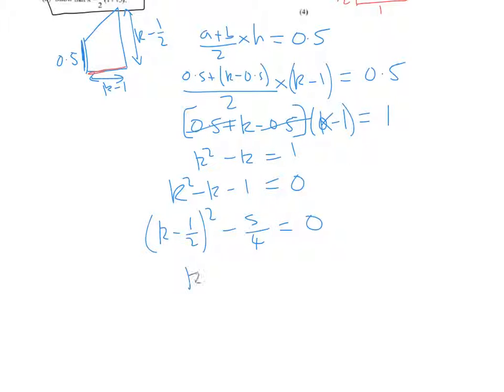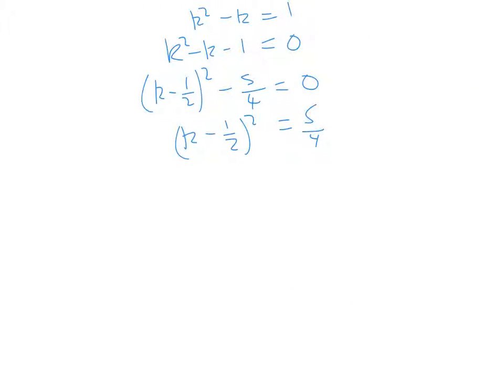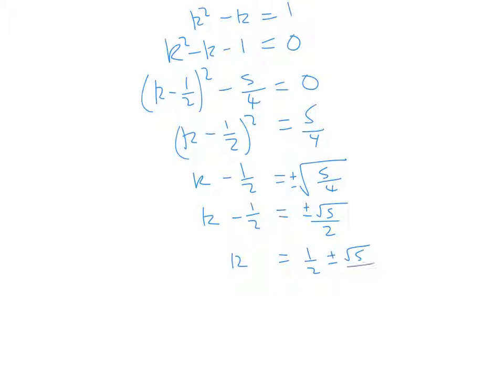If we rearrange this to solve for k, k minus a half squared equals 5/4. Therefore k minus a half equals plus or minus the square root of 5/4, which is plus or minus root 5 over 2. And then k equals a half plus or minus root 5 over 2.